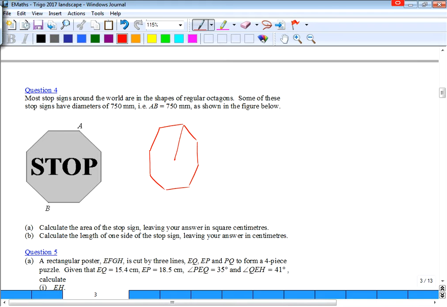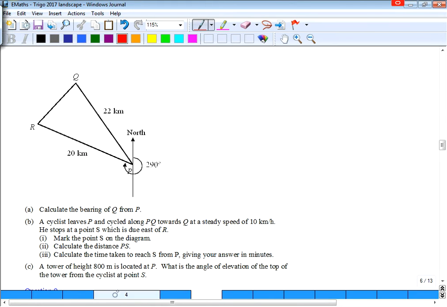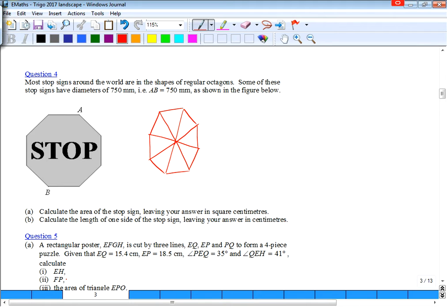From the center, okay, so we know that the sum of angles at the center will be 360, angles at a point. So what is one of this angle? Let's just call this theta. Theta equals to 360 degrees divided by 8, which is 75 degrees.